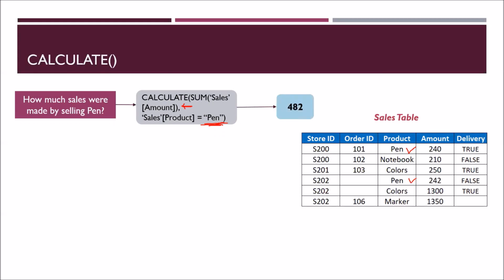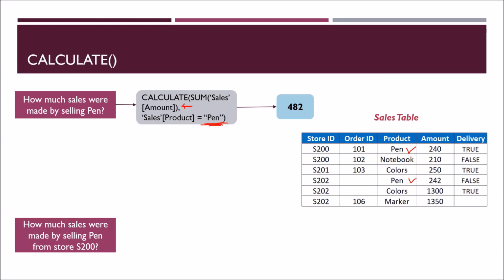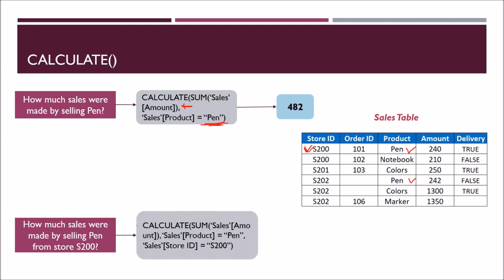Now let's say there is one more condition to this problem. This time you want to know the sales made by selling pen only, but from the store S200. So basically I want the sales from this store for pen. Here I can put two conditions: the first is where product is pen, and the second is where store ID is S200, and finally you add up the amount column.